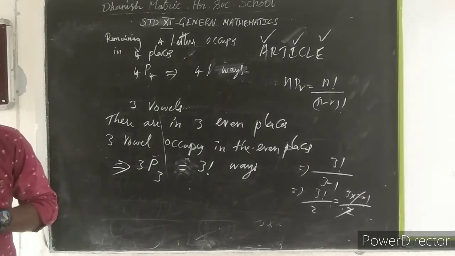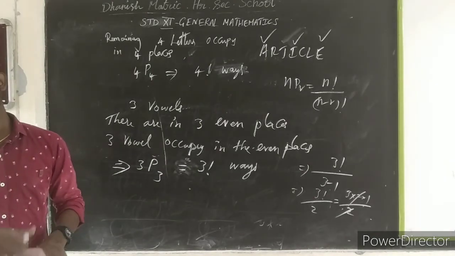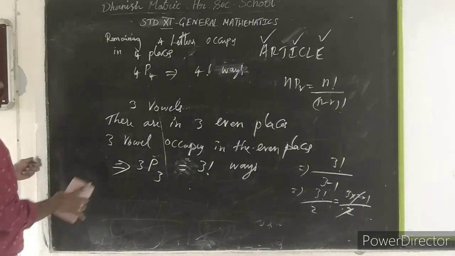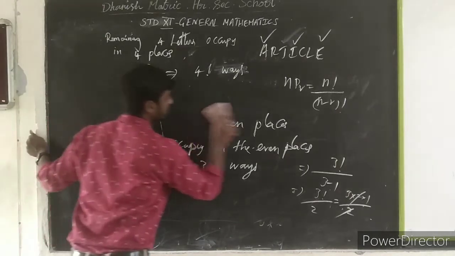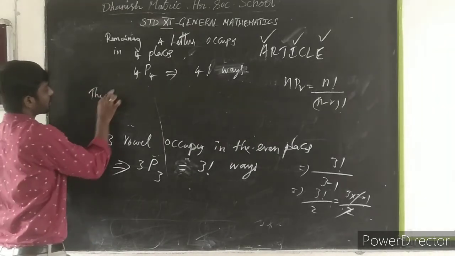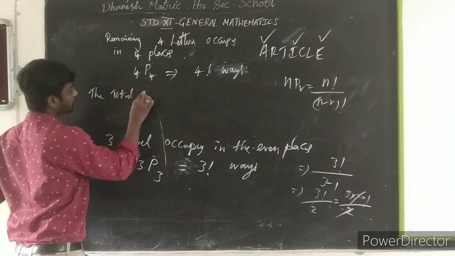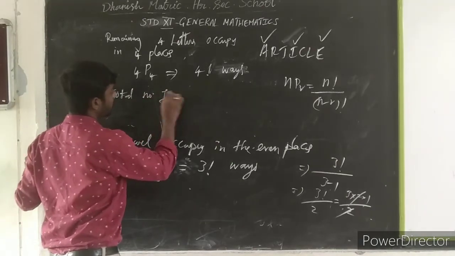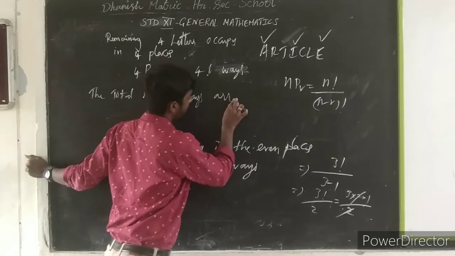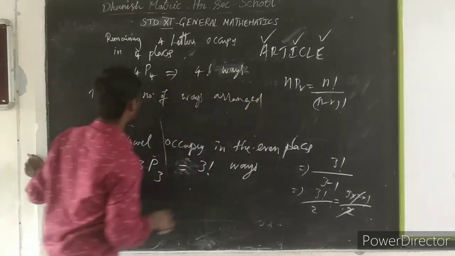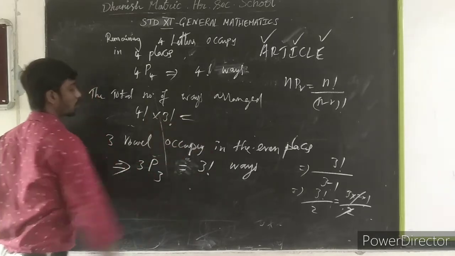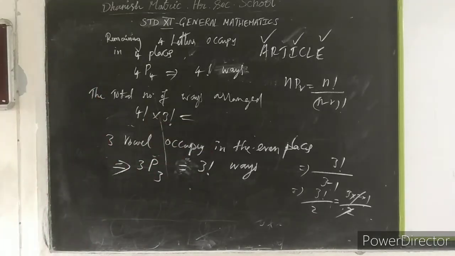What is the question asking here? How many strings can be formed from the letters? The total number of ways arranged is 4 factorial into 3 factorial.